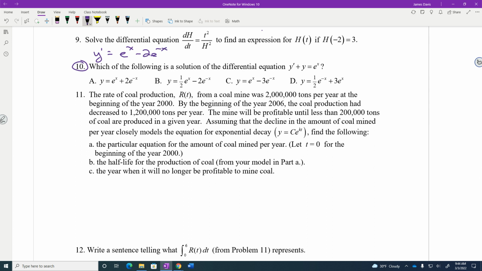And then you basically plug that into the equation, e to the x minus 2 e to the negative x, plus the original equation, e to the x plus 2 e to the negative x. And does that equal e to the x? These cancel, these cancel, these do not. It gives you 2 e to the x, so that's not. And you just got to work your way down and see what the answer would be.